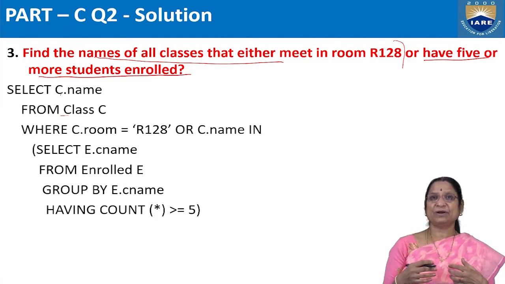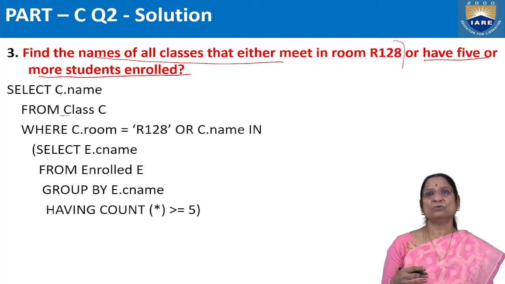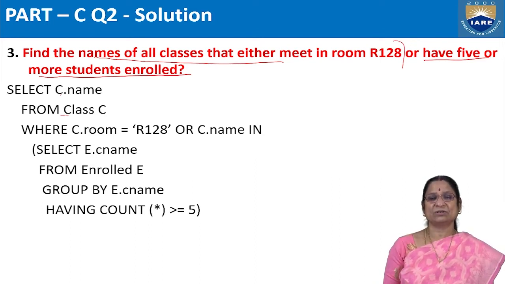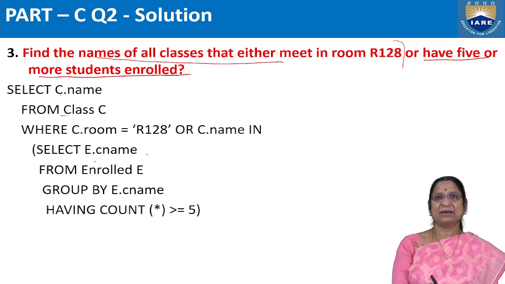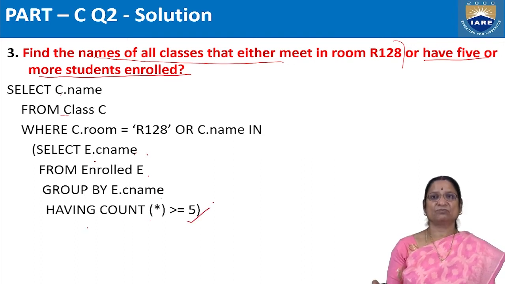For that, I need to find the classes for which the number of enrolled students is greater than or equal to 5. For that, we are finding the enrolled class name, that is from E, I am finding the class names from enrolled, group by E's class name, having count star greater than or equal to 5.